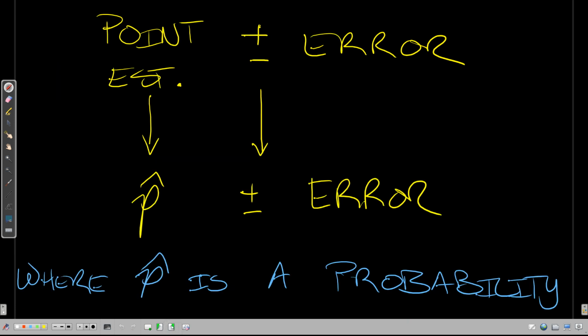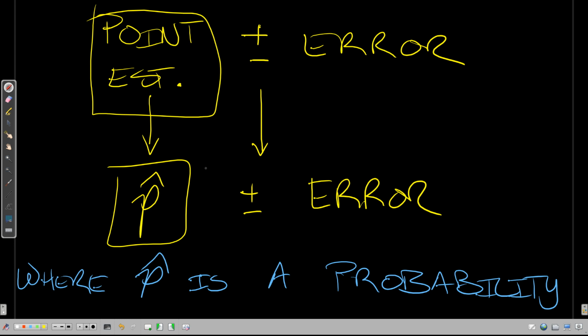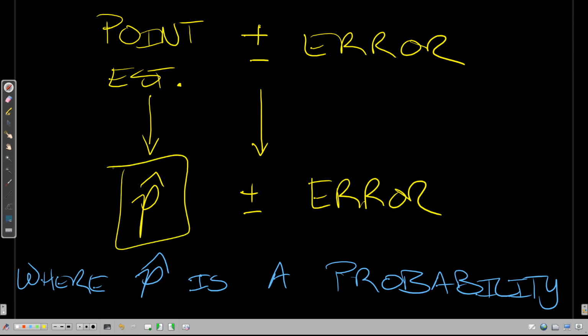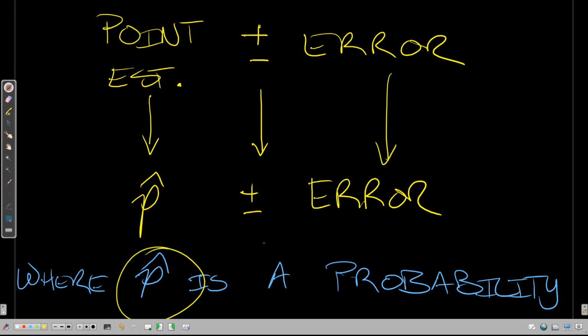Okay, well, in this problem, being that this is a confidence interval about a proportion problem, the point estimate is this symbol p hat. We'll call this p hat because it's a p and it's wearing a hat. And what is p hat? Well, p hat is just a probability, right?